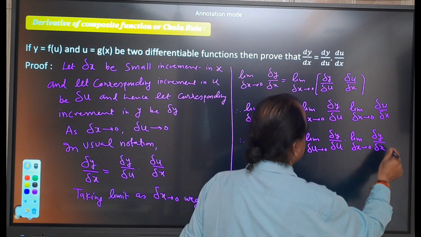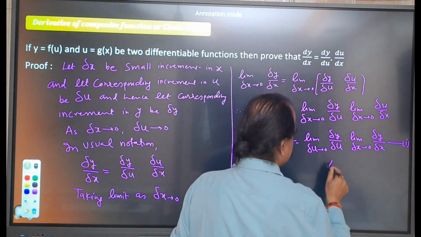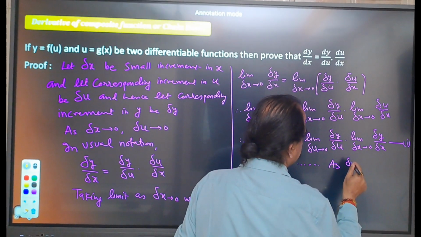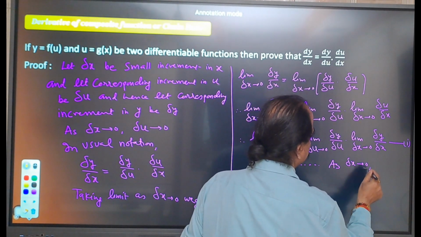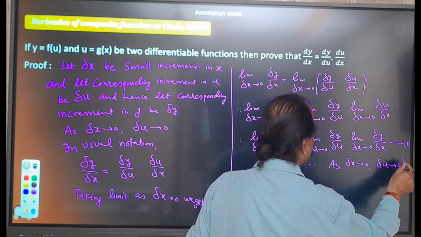Write this as equation number 1. Reason: as delta x approaches to 0, delta u also approaches to 0.